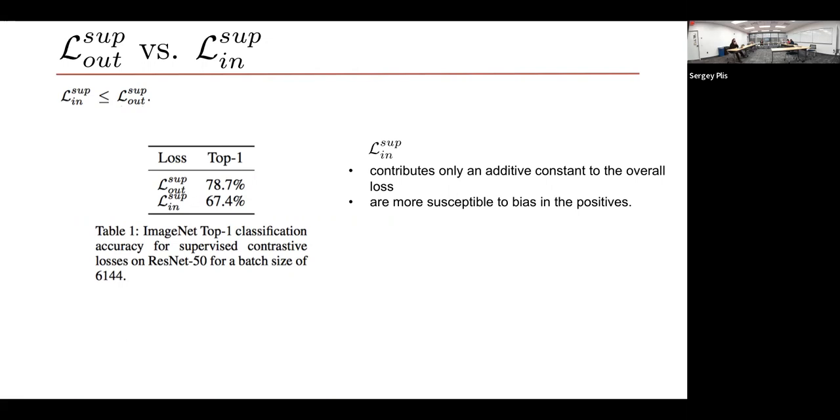So they thought that the in version of the loss cannot capture the whole picture, so they actually use the out version of the loss. They tested these two versions of the loss on ResNet architecture using the ImageNet dataset and found a significant difference between them.